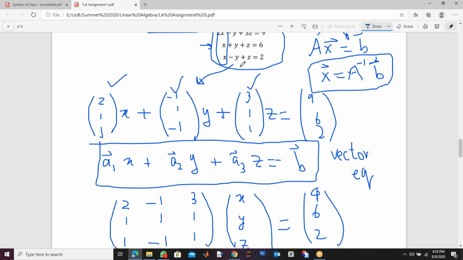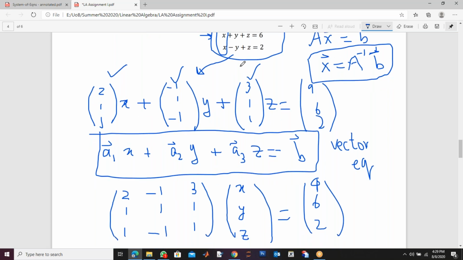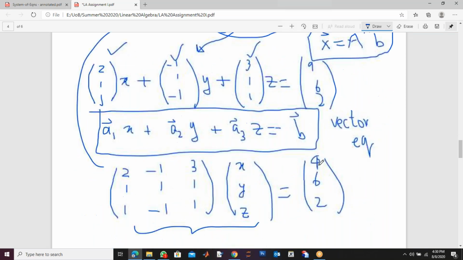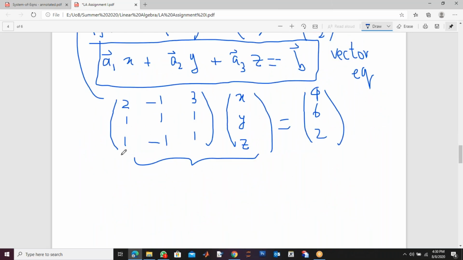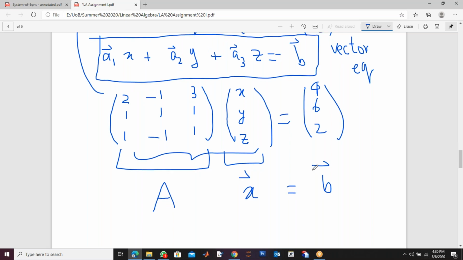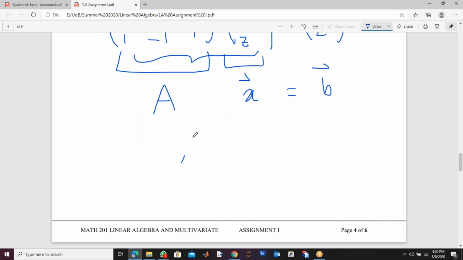If you multiply this matrix with this vector, you will exactly get the left hand side, and the right hand side is your b. Now call this matrix the matrix of coefficients, this x, y, z the vector of unknowns, and the right hand side a vector of constants, which is b. So I got the matrix equation, which is Ax equal to b.